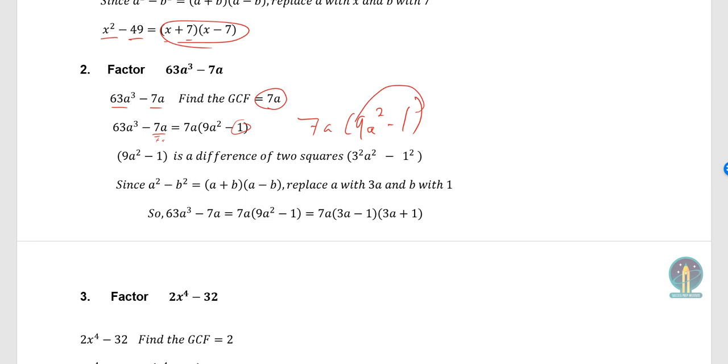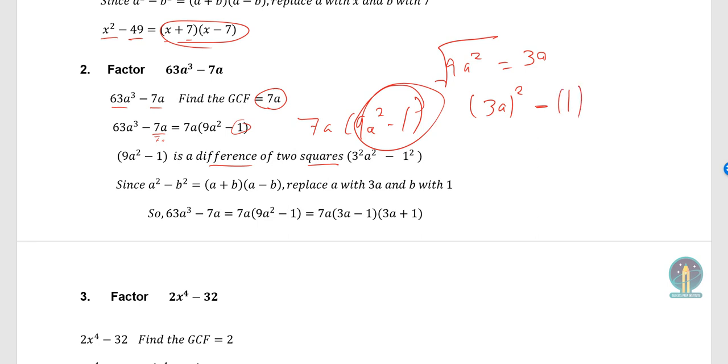So 9a squared minus 1 is a difference of two squares, right? Well, what is the square root of 9a squared? The square root of it is 3a, right? So 3a squared is 9a squared. And then 1 is a square of 1. So 3a squared minus 1.